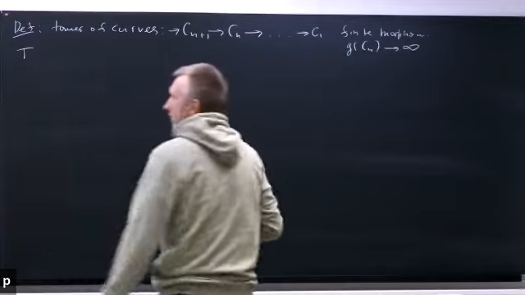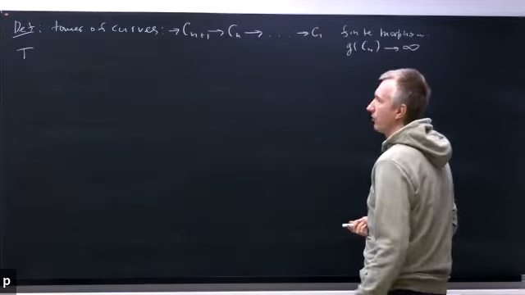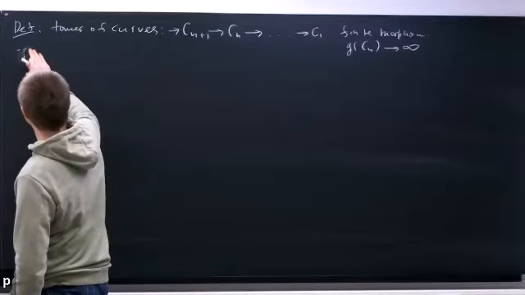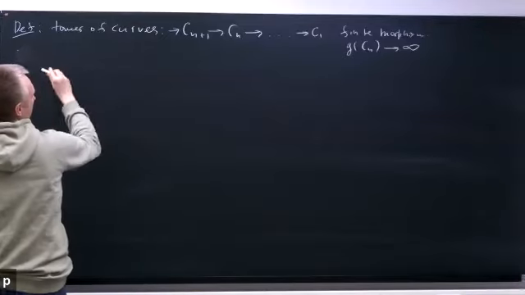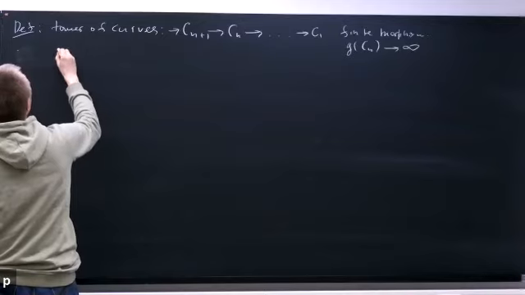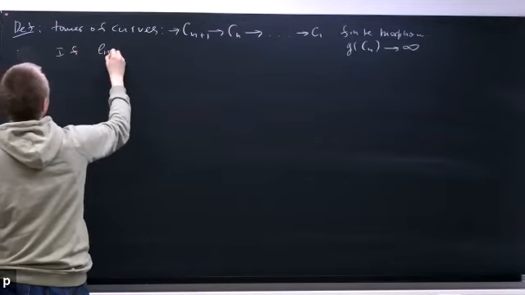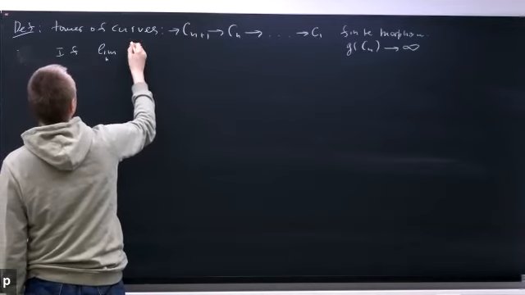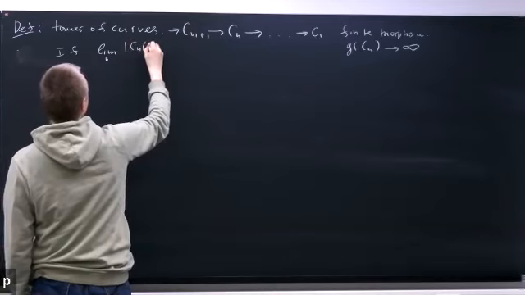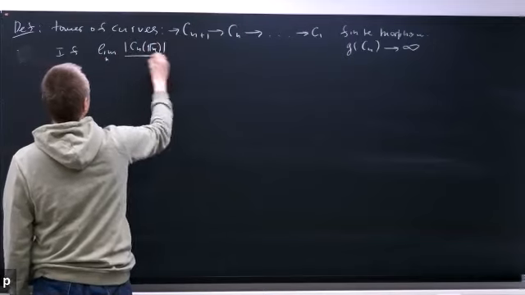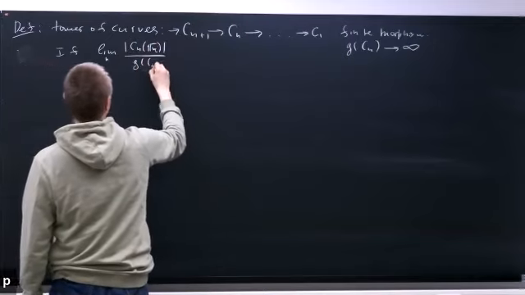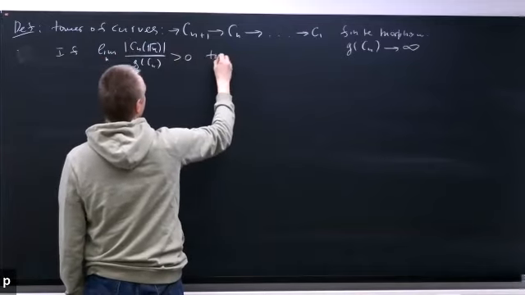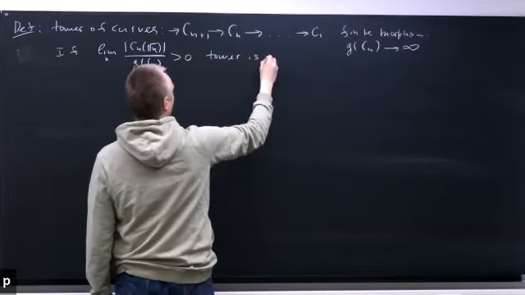If q is a square, actually there are many examples of this, called an optimal tower. Let me define it right now. If this limit is positive, then the tower is called good.